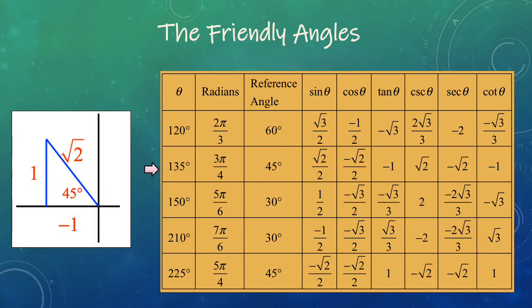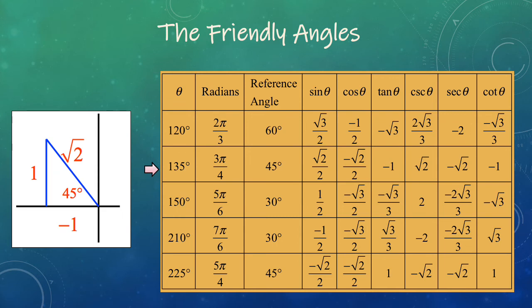We next move to 135 degrees, which is in the second quadrant. Multiplying by 2 pi radians over 360 degrees, this angle is 3 pi over 4 radians. The reference angle made with the x-axis is 45 degrees, and we have a 45, 45, 90 degree triangle.